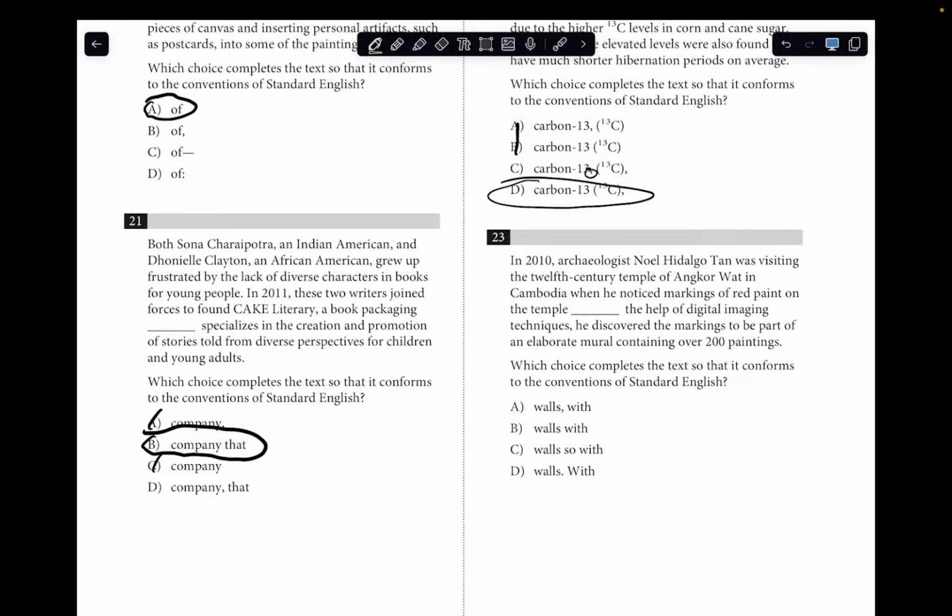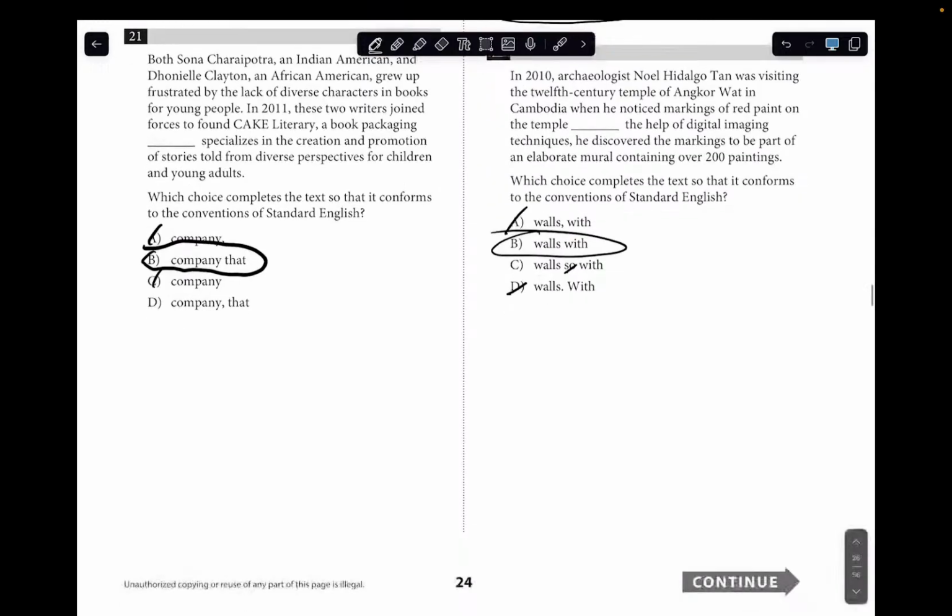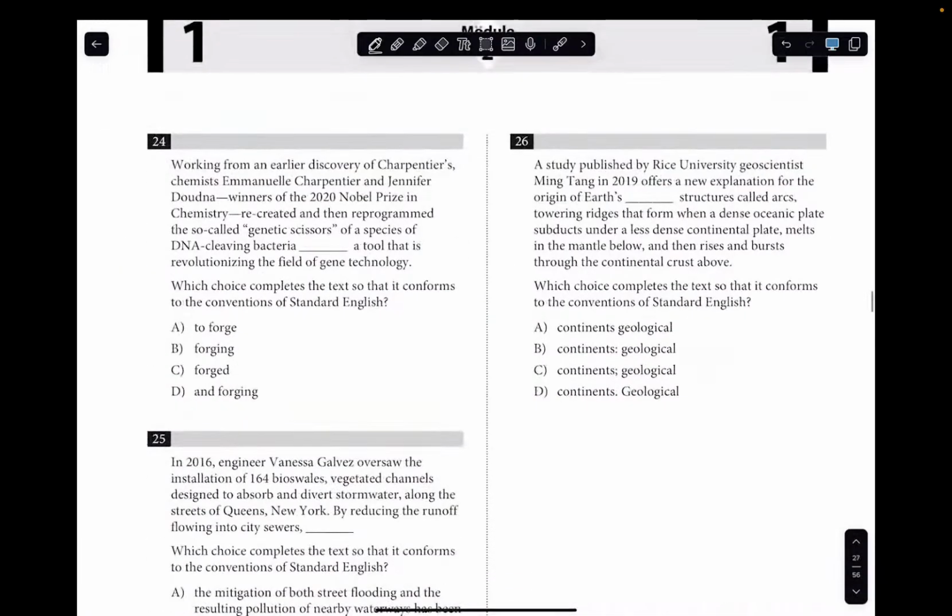He noticed markings of red paint on the temple walls with the help of digital imaging techniques. I don't think you need a comma or a period, so I think that eliminates A and D, and with is wordy, so B, right? It just logically flows and continues the sentence.